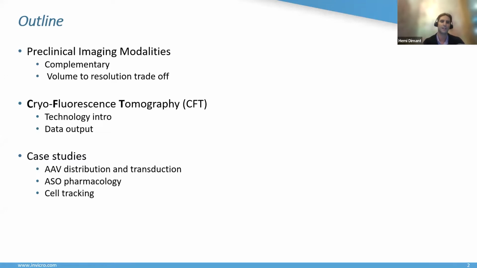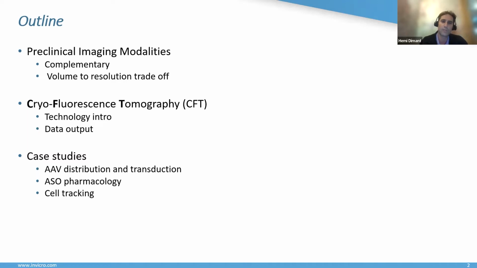This is where, again, the complementation really comes in handy, because you'll see there's going to be a trade-off between sample volume and resolution, which will then lead me to Cryo-Fluorescence Tomography, the technology itself. I'm going to be briefly introducing the technology and the data output, what we typically get from CFT imaging. And then we'll be really focusing on case studies.